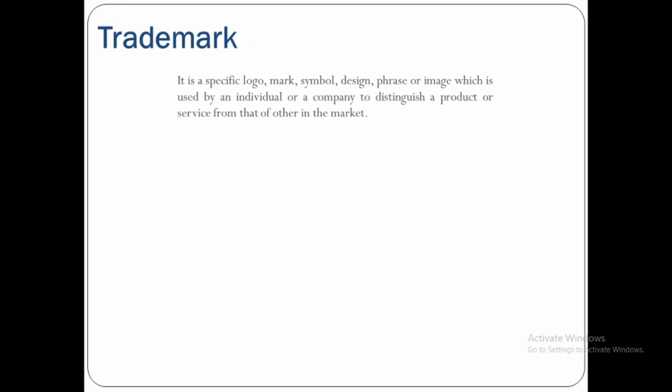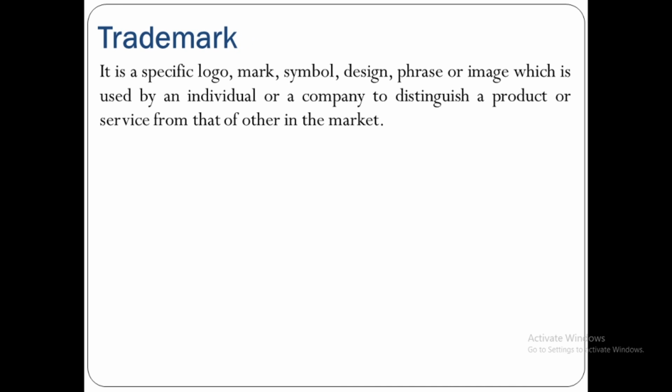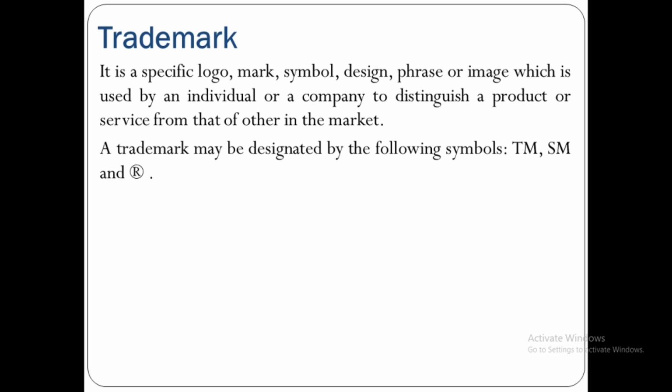Next is trademark. It is a specific logo, mark, symbol, design, phrase, or image which is used by an individual or a company to distinguish a product or service from that of others in the market.